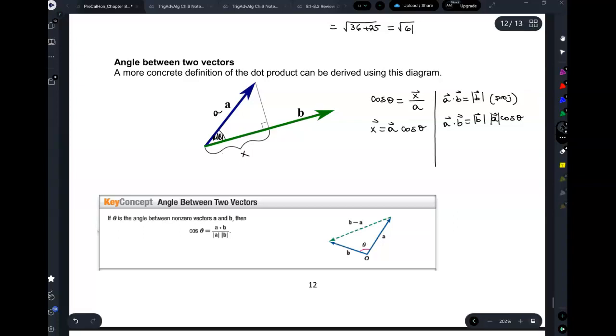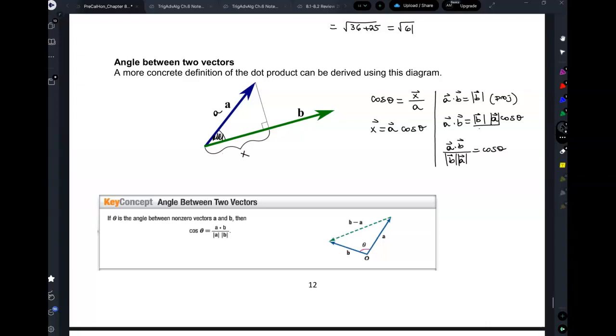But this is like the magnitude of A, right? So how can we solve this for cosine theta? It's A dot B over, I divide by this, right? So B and A. That's cosine theta. Is everybody with me on where we got this from? Okay?